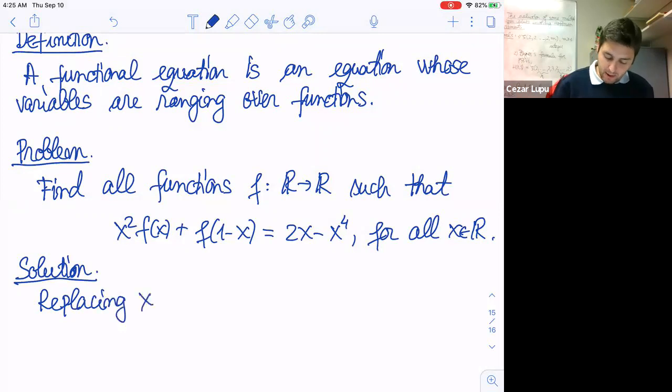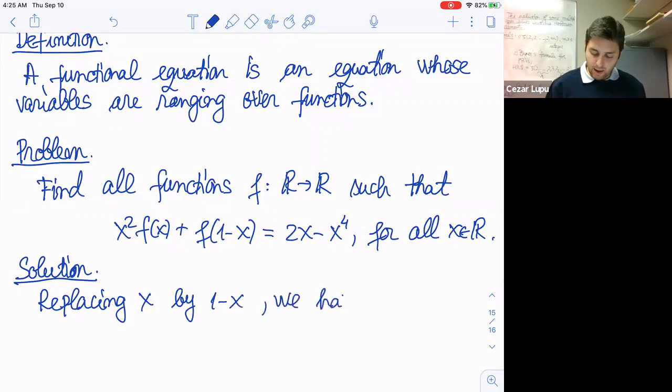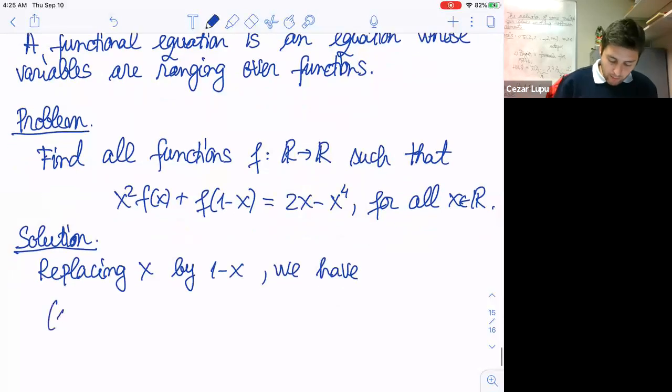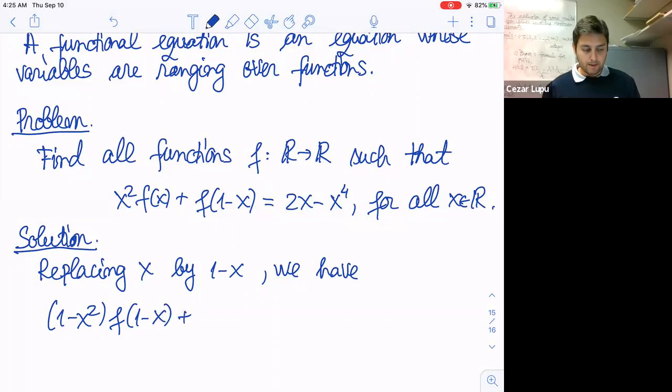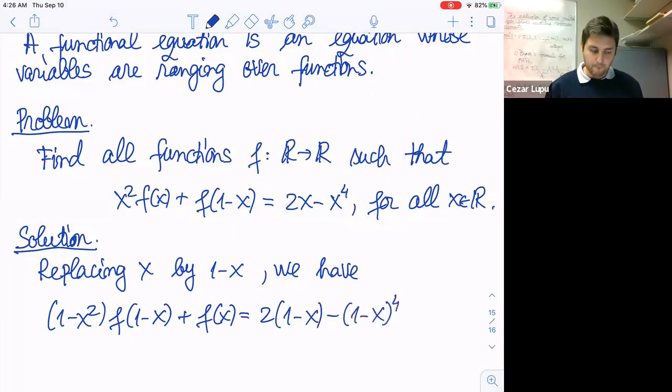Replacing x by 1 minus x, we have 1 minus x squared times f of 1 minus x plus, since 1 minus x becomes x, f of x, and this will be 2 times 1 minus x minus 1 minus x to the 4th.